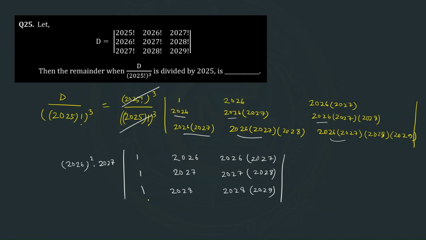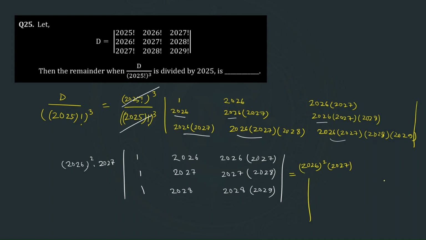How to simplify this? Now let us subtract this row from this row, and also subtract this row from this row. So the second row remains unchanged. That means the determinant becomes 2026 whole square times 2027 as it is.